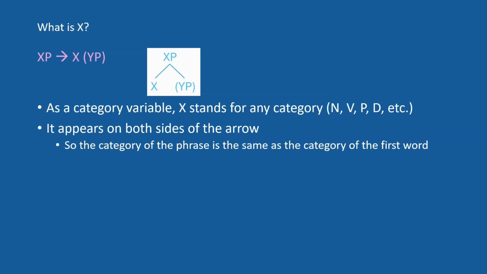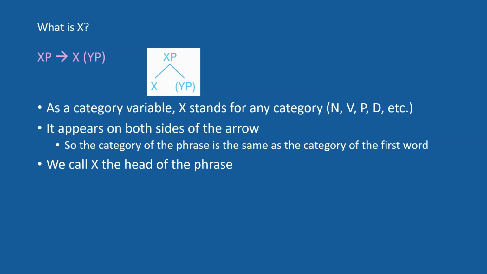Because X is on both sides of the arrow, whatever X stands for will be the same category for the phrase and the word inside the phrase. We call that word then the head of the phrase. Essentially what we're saying is that a verb phrase will have a verb in it, and a noun phrase will have a noun in it, and a preposition phrase will have a preposition in it.